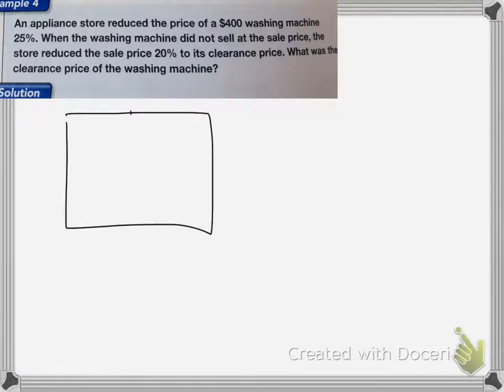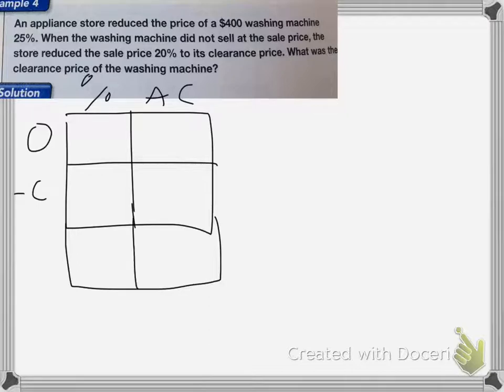So, first, the sale price, we have our percent and our actual count. This is going to be the original minus our change, and we end up with our new price, which will be our sale price. So it was originally $400, which is 100%.